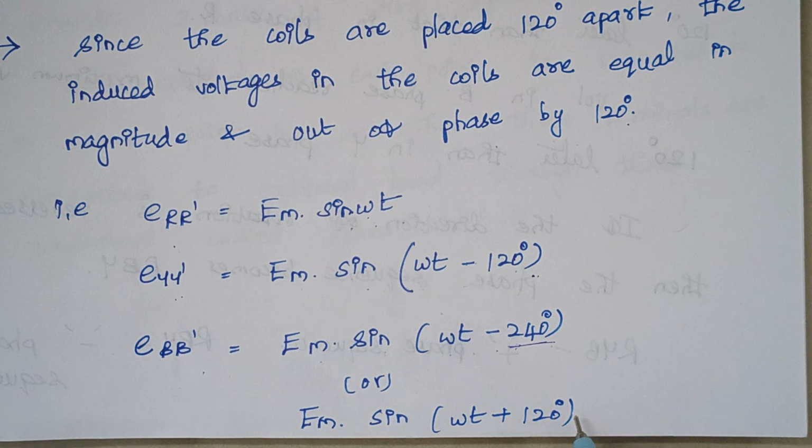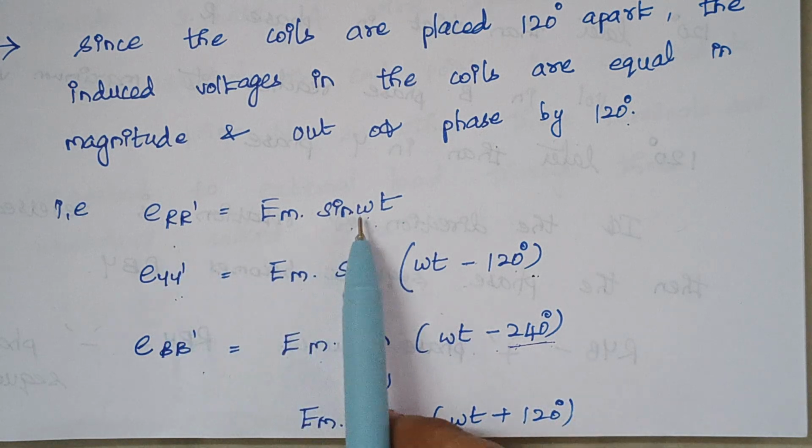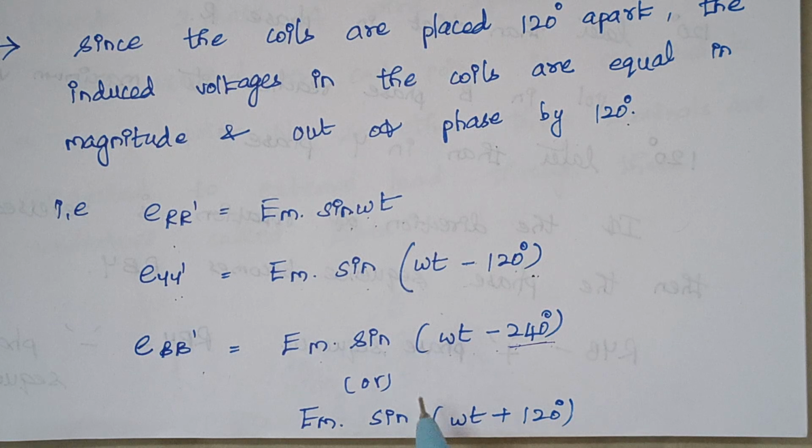They both mean the same. Am I making sense here? Since the coils are placed 120 degrees apart, the output voltages are out of phase by 120 degrees. So the output voltages are represented by these values.